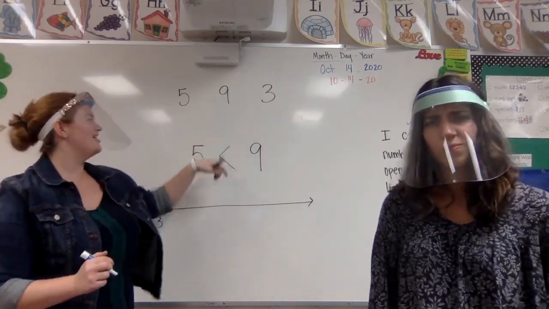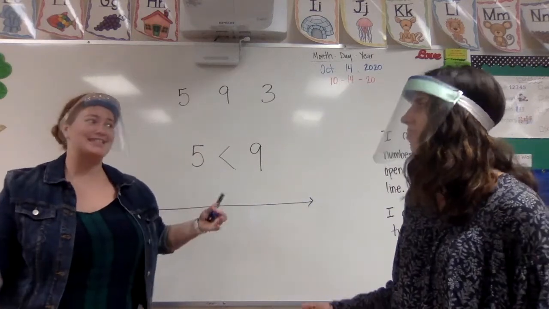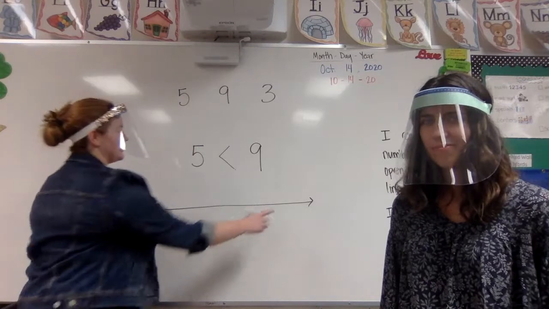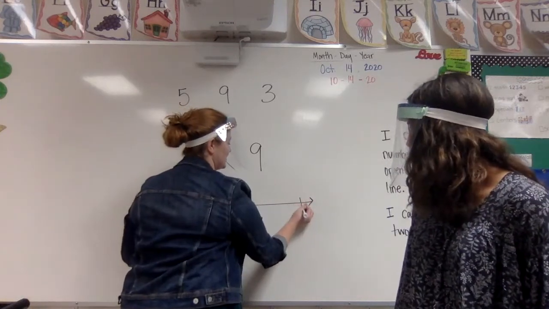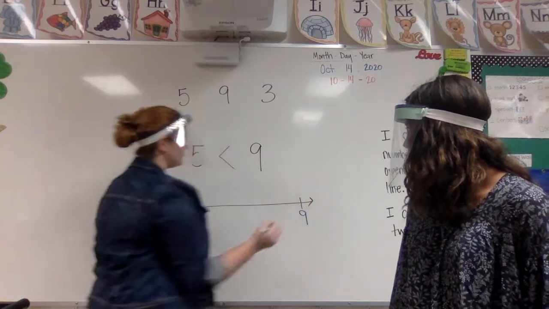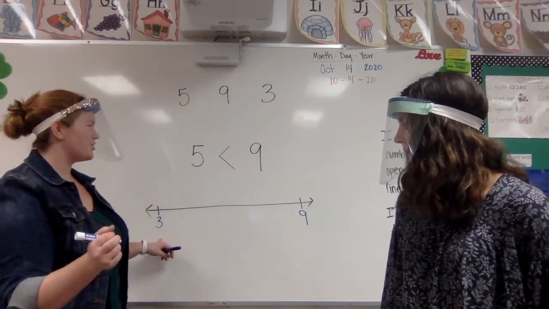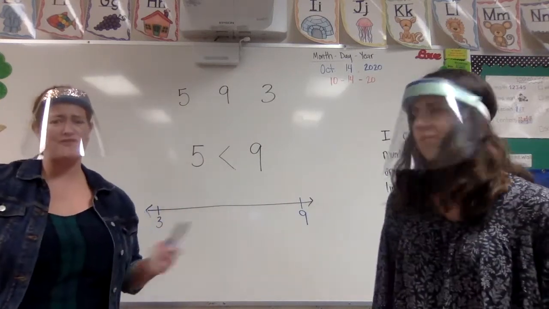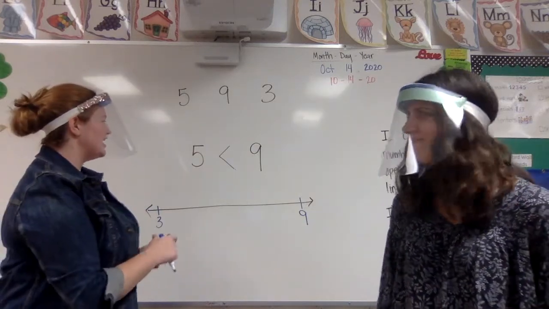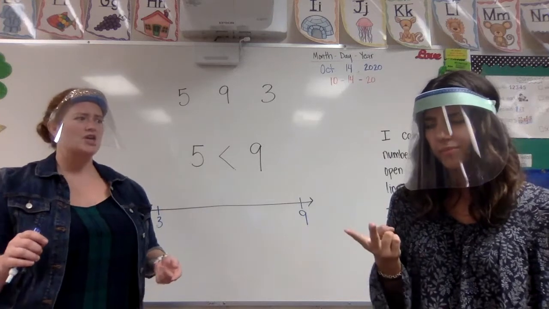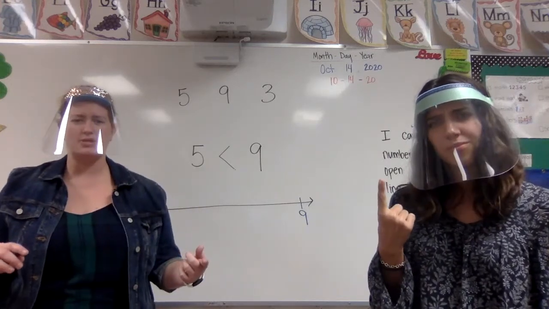And I know that 5 is less than 9, which means that 9 is greater than 5. So 9 is going to come all the way down here. Ooh, 5. It's kind of close to 3, but it's really not that far away from 9. If I was counting up, it would be 3, 4, 5. So there's only one number in between there.